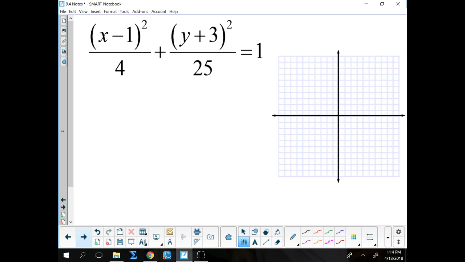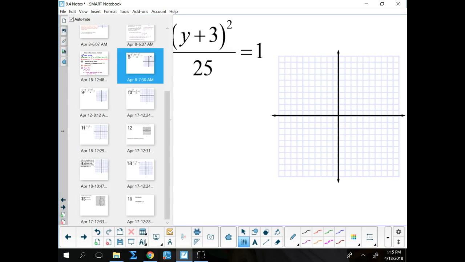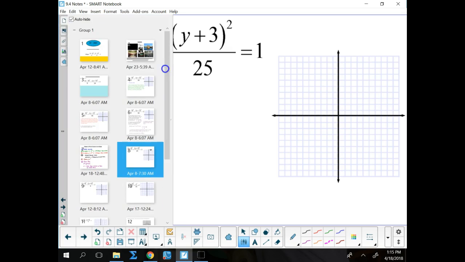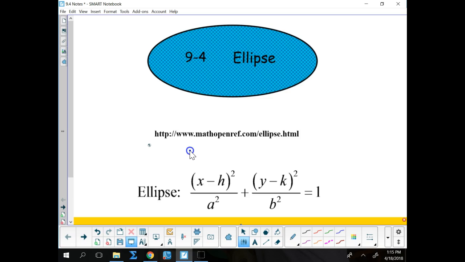Do we agree with 1 comma negative 3? H and K is my center, right?